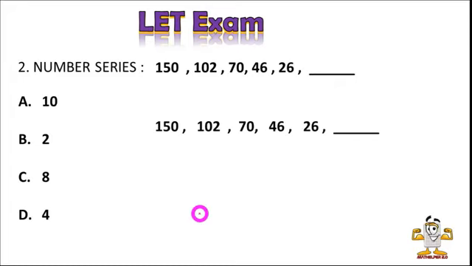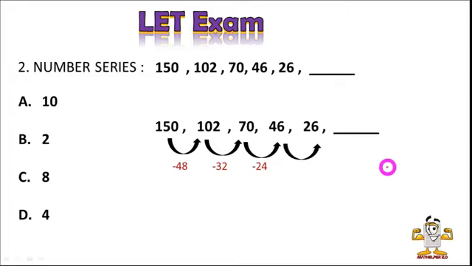So, ang gawin rin natin is hanap tayo rin ng pattern. So, 150 saka 102, may difference po sila na 48. Yung 102 at saka 70, may difference pong 32. Yung 70 at saka 46, may difference pong 24. 46 at 26, may difference po na 20.